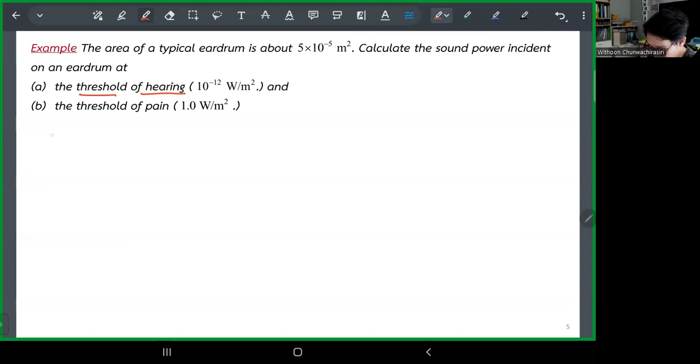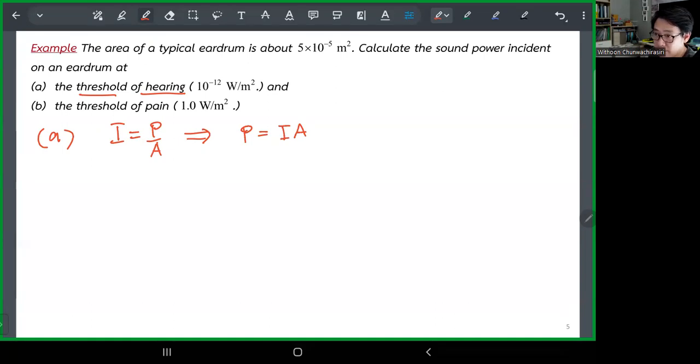That's easy then. By definition, intensity is power per unit area, but this time you don't need to assume a point source anymore because you know the exact area we are talking about is the area of the eardrum. So you can calculate the power by just taking the product of the intensity and area.